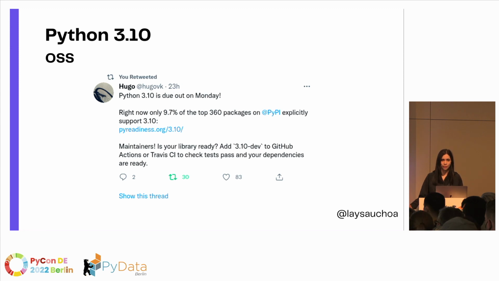Before it's released to production, you can already test and make sure that your open source code supports Python 3.10, even before the production one is released. That's quite interesting. At the same time, a lot of people do wait until other maintainers provide support and so on. But if everybody waits, then nobody updates.